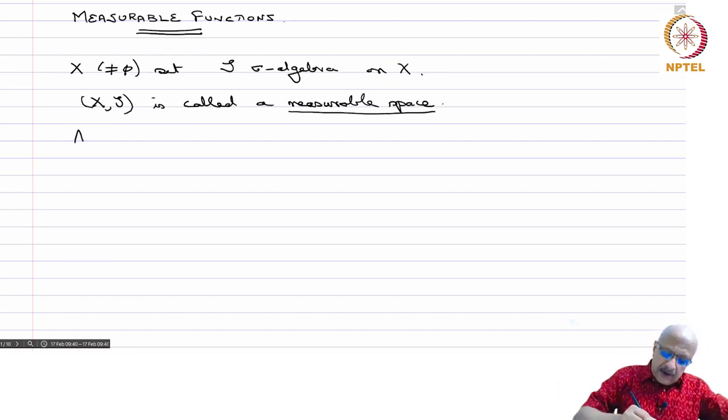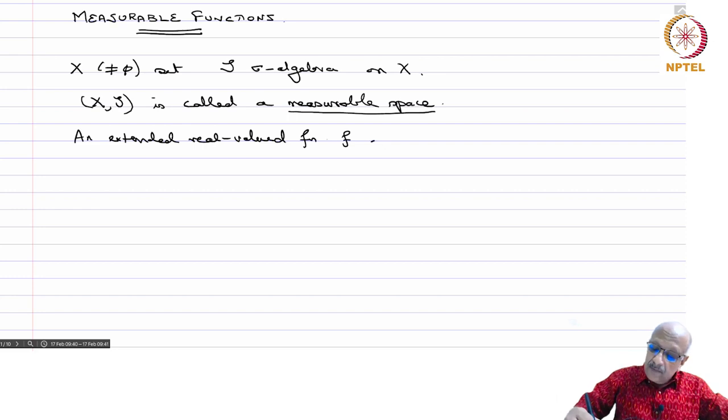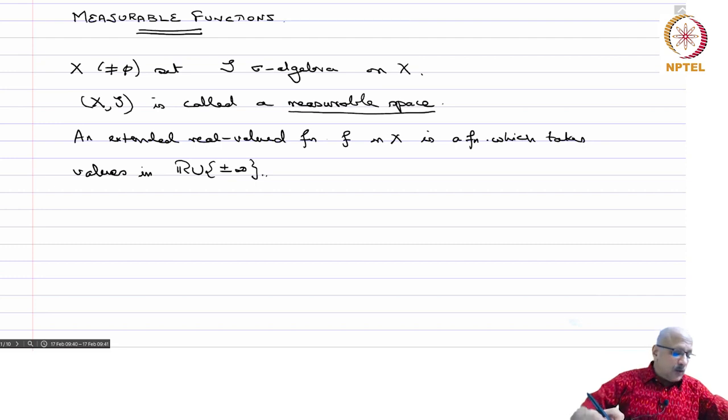So an extended real valued function f on X is a function which takes values in R union plus minus infinity. So you allow infinite values also. Okay, so now the definition.